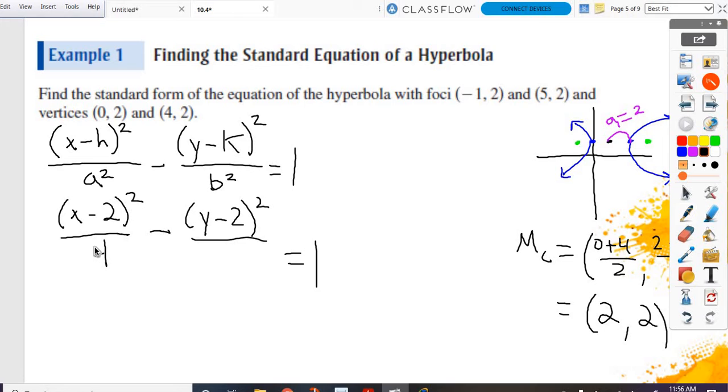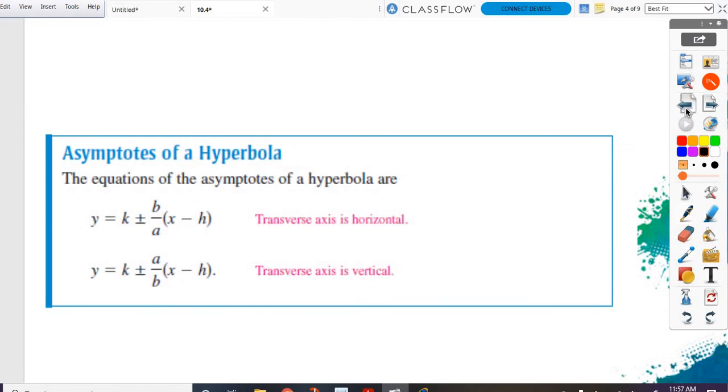Now, what did we say that our b determines? What does our b give us? Our asymptotes. Thank you.